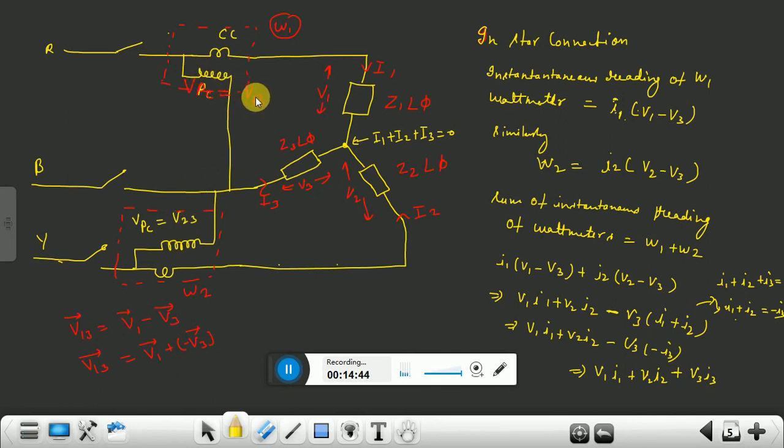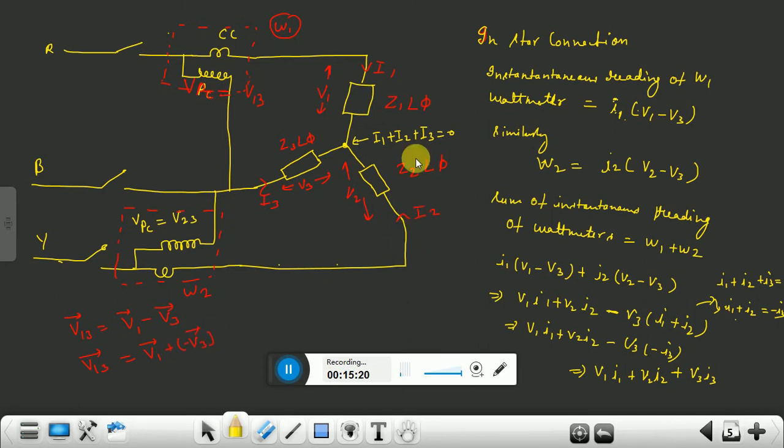VPC means the voltage across this phase and this phase. Suppose this is V13, the voltage across phase one and phase three. V13 is also written as V1 minus V3, that is V1 plus the negative of V3.